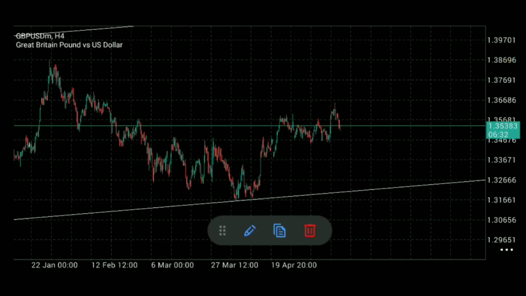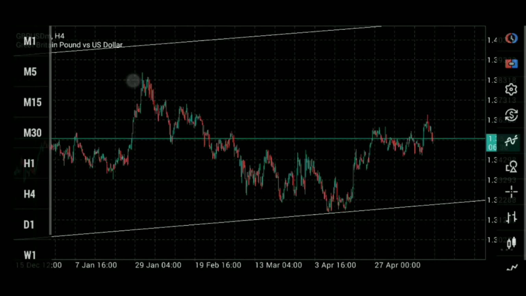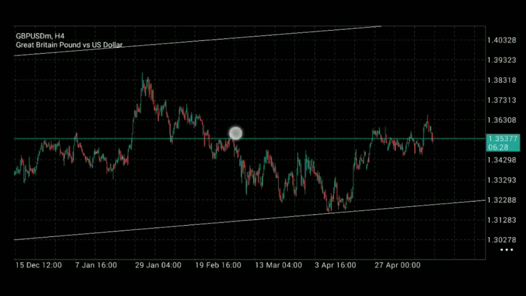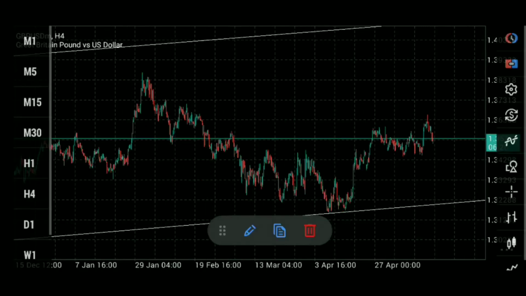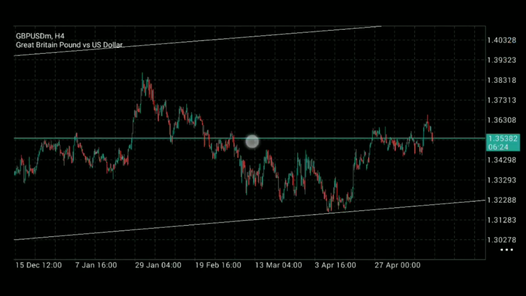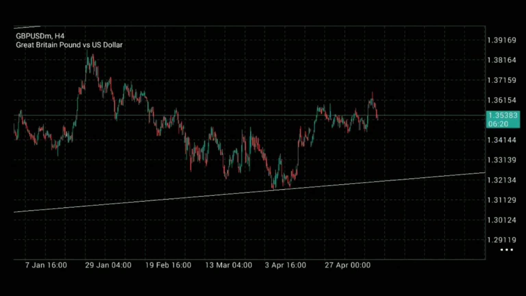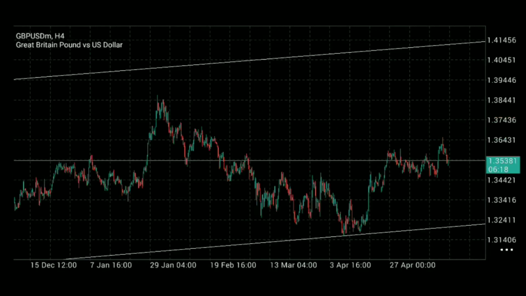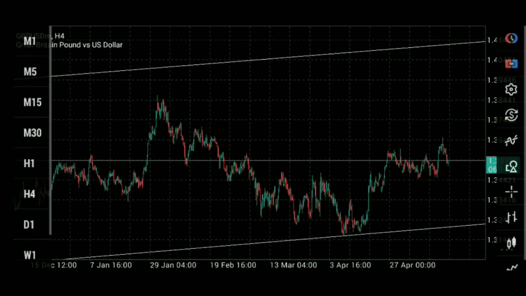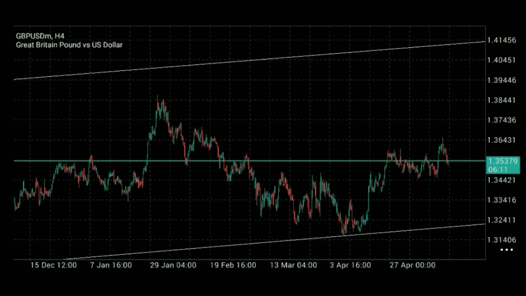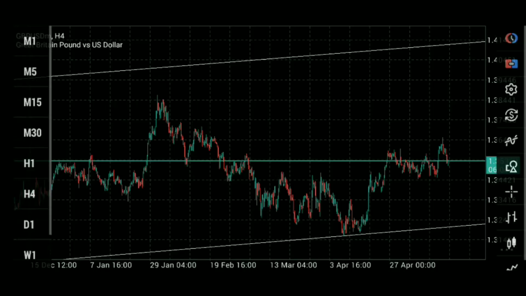It was up, down, equal, then down, then up. So from up, down, that is a downtrend. A downtrend is lower high, lower low, lower high, lower low, lower high, lower low, lower high.